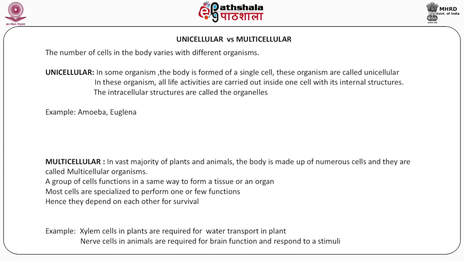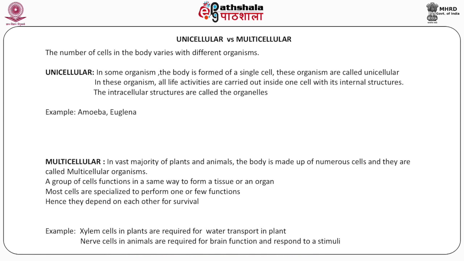Now next, coming up, we are talking about the different cell types of plant and animal. Then we are discussing the unicellular versus multicellular organism. The number of cells in the body varies with different organisms. So what are unicellular organisms?